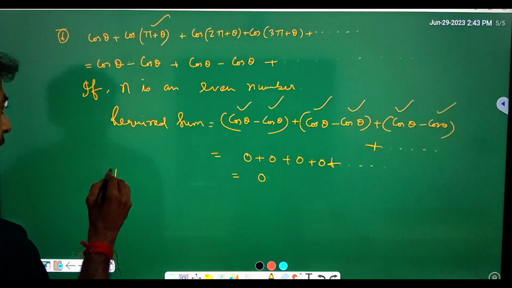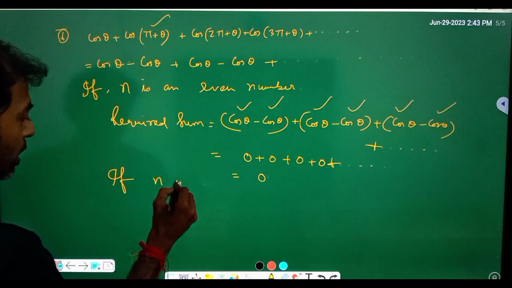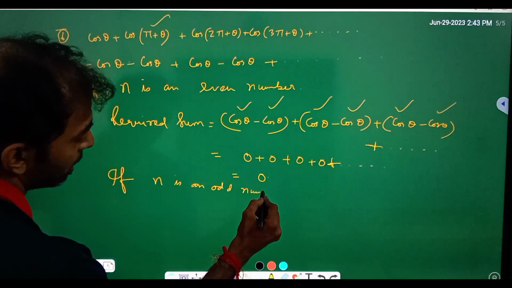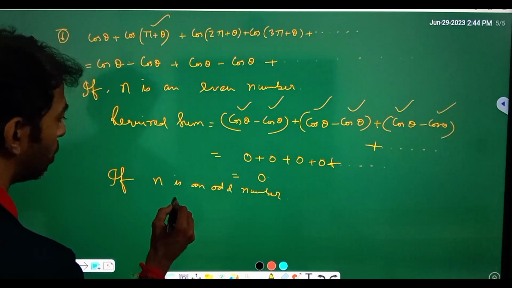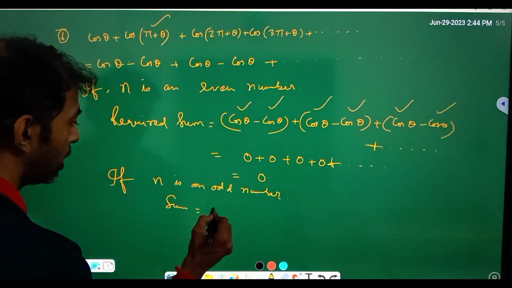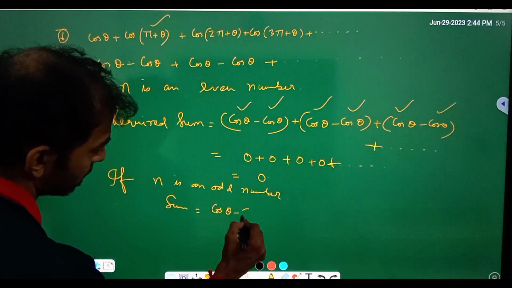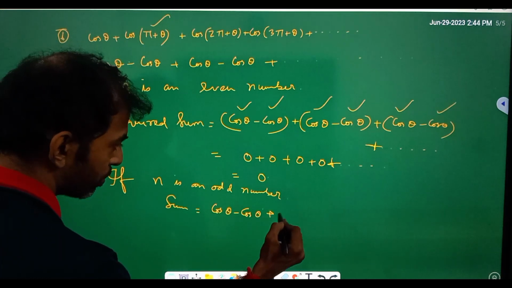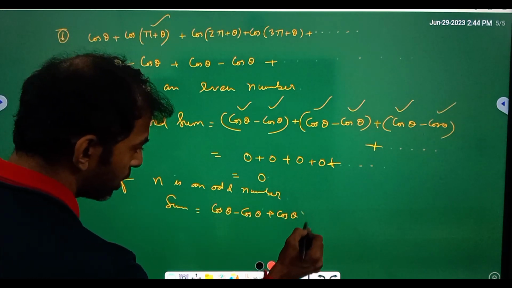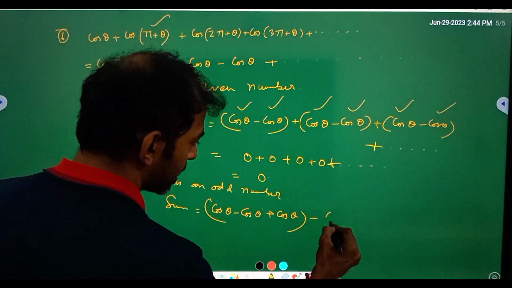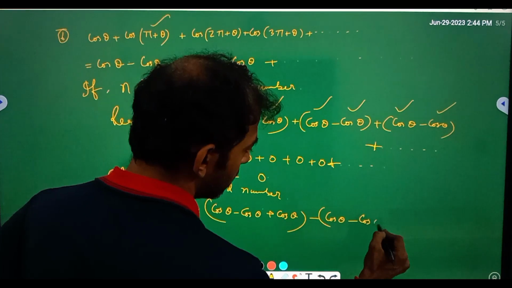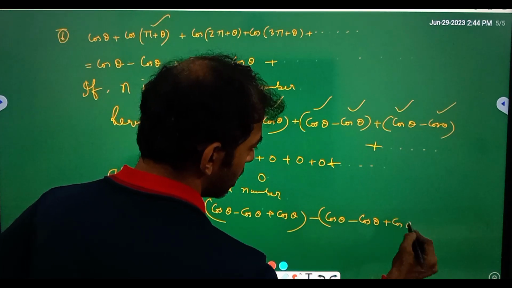And if n is an odd number, what's going to be the result there? The required sum will be cos theta minus cos theta, no problem. After that, plus cos theta, then minus cos theta, again minus cos theta plus cos theta.